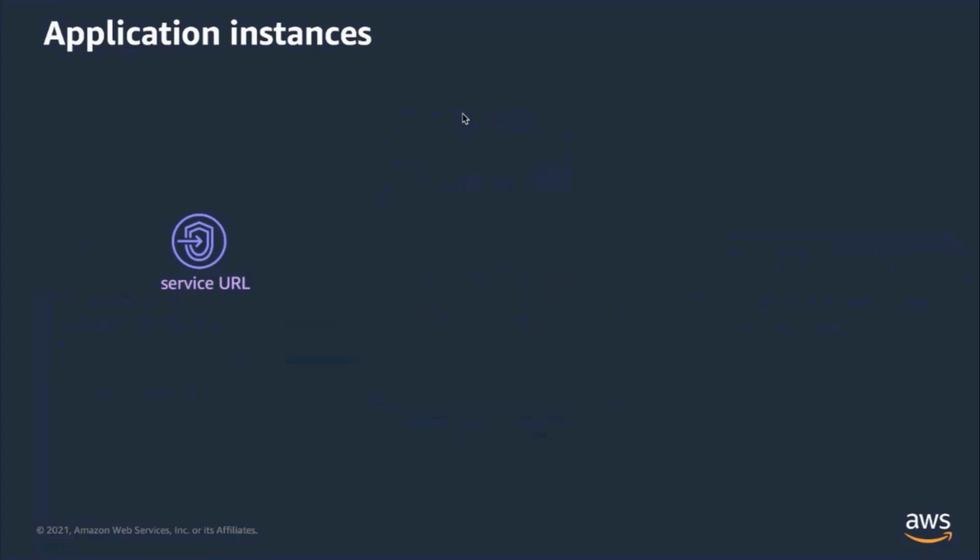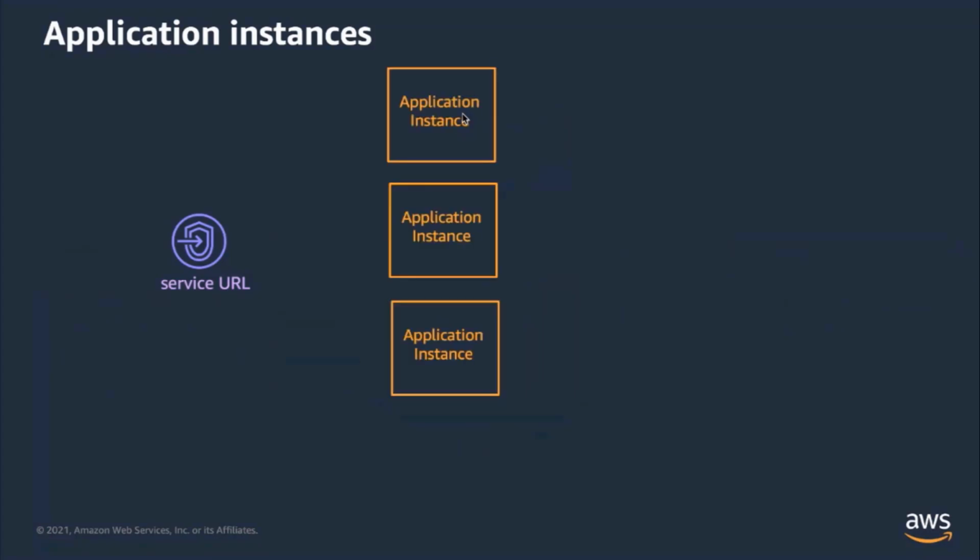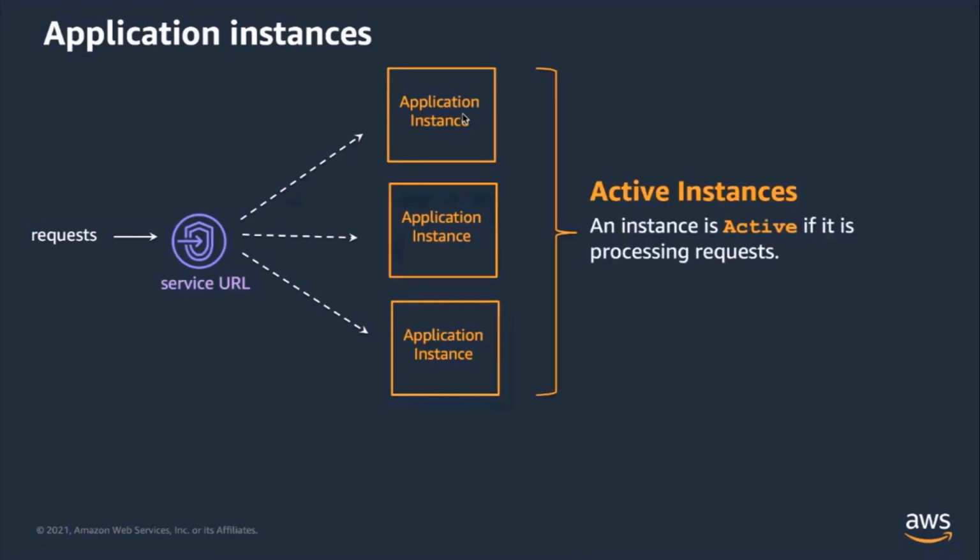And behind the scenes, behind the service URL, as I mentioned, App Runner is going to spin up multiple copies of your application instance. It's going to scale it up and down as the traffic demand changes. And as your requests come in, we'll distribute the load across all these copies of your application. And these application instances that are actively processing requests, we're going to call them active instances.